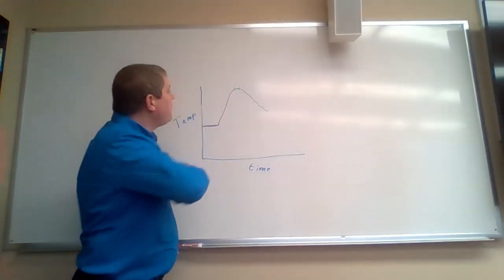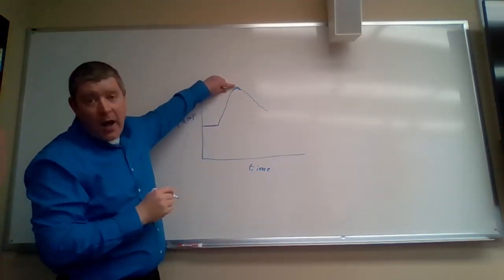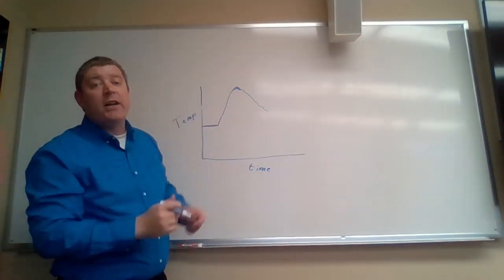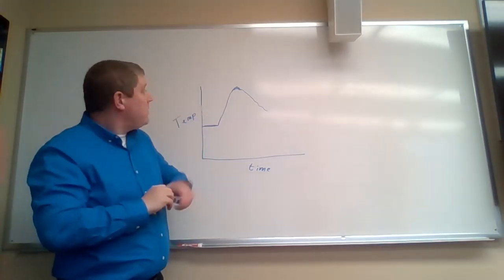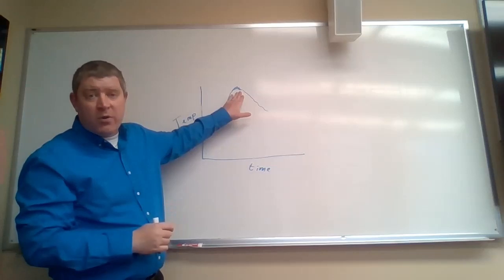If you have some noise on top of the signal, you don't necessarily want to pick that top value because it may be higher than the true maximum temperature attained by the temperature probe.